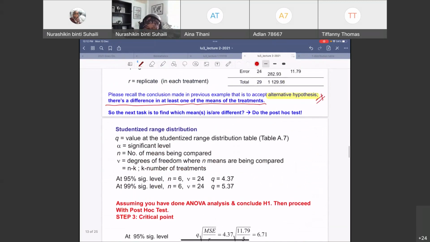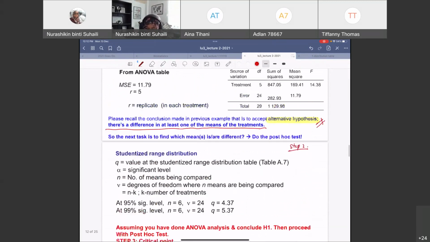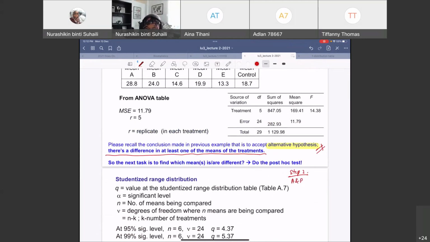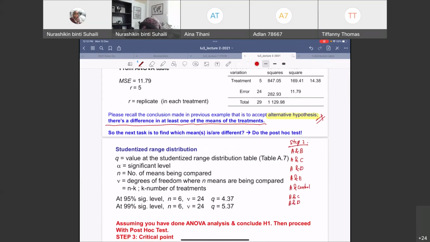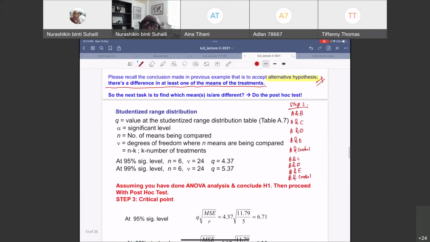So for step 2, the pairs are: A and B, A and C, A and D, A and E, A and control, B and C, B and D, B and E, B and control, and then C and D, C and E, C and control, D and E, D and control.